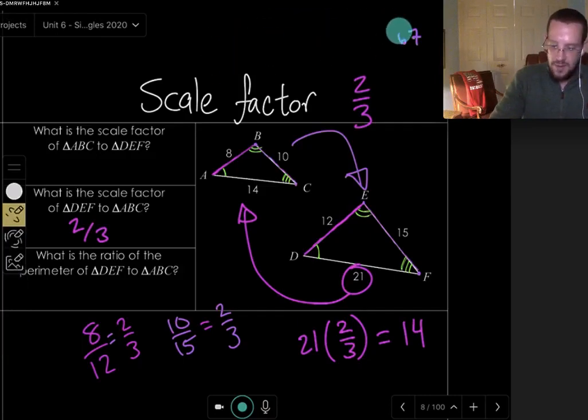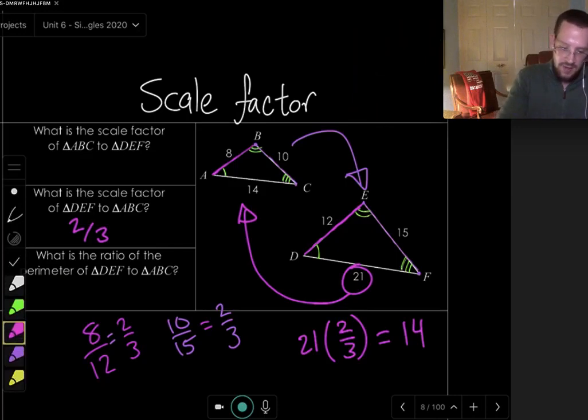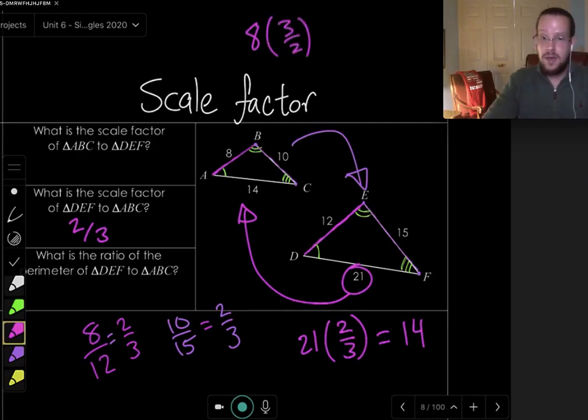Now let's think for a second. What about if we want to go from ABC to DEF? What if I took the number 8 and multiplied it not by 2/3, but by 3/2? If I multiply this by 3/2, that's going to be 24 divided by 2.